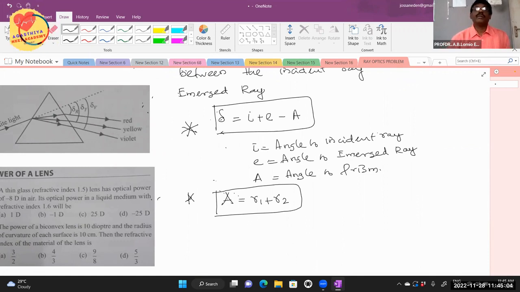Some important conditions related to the prism.